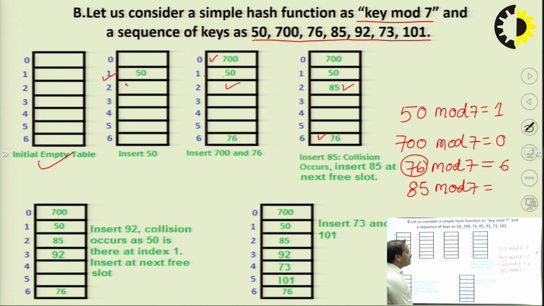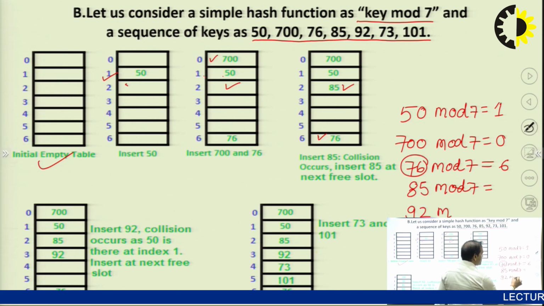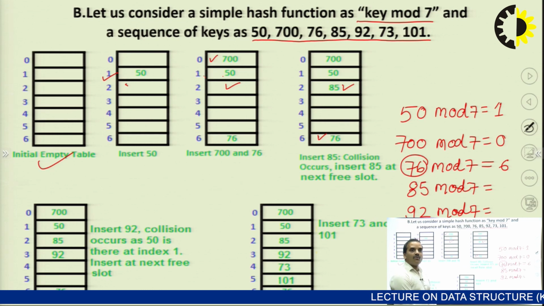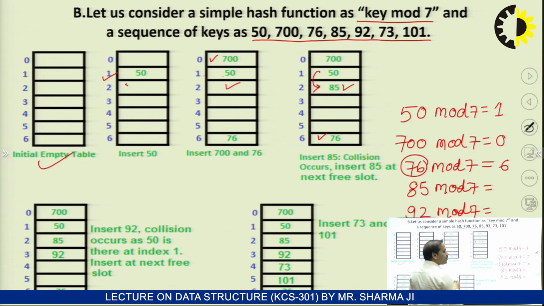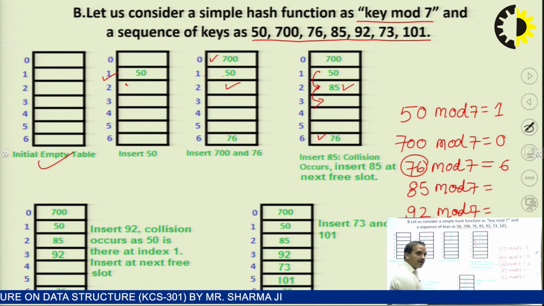Now we calculate 92 mod 7. The remainder is 1 and the first position is already occupied. We go to the next position, which is also occupied. Then we go to the third position. The third position is empty, so we insert 92 at the third position.